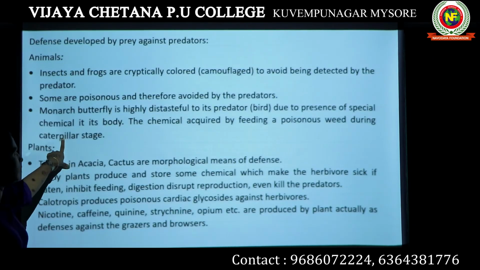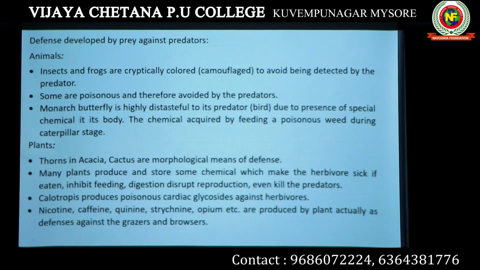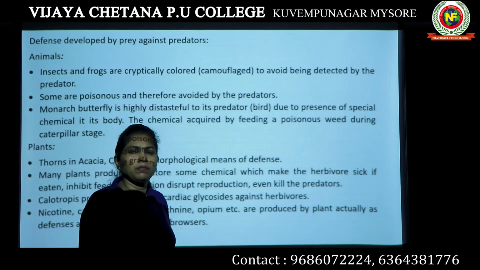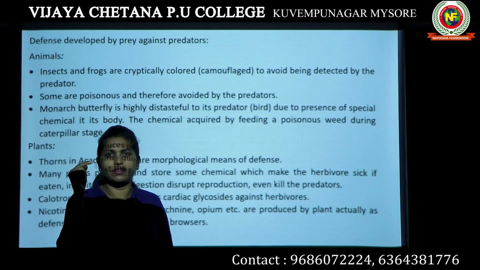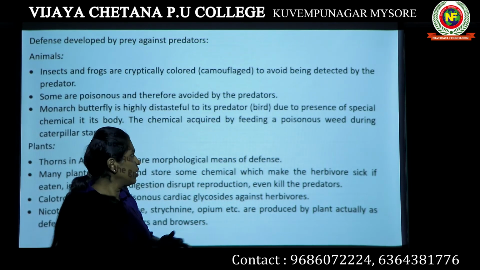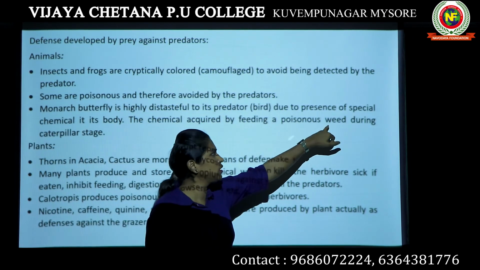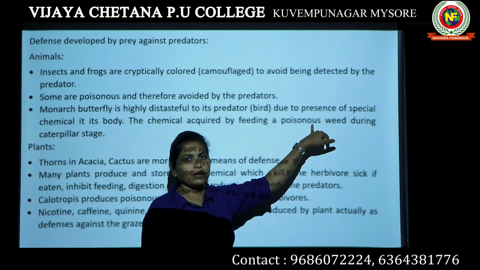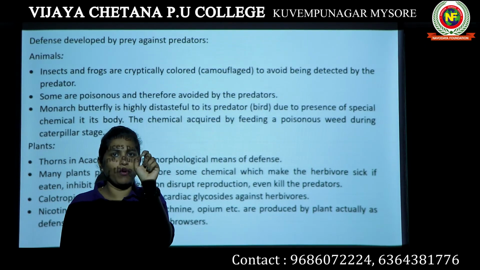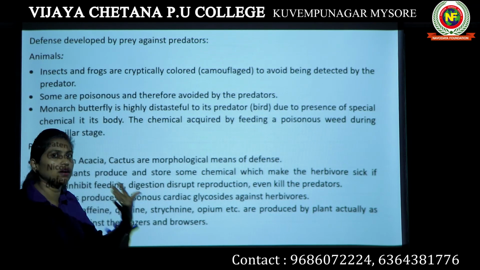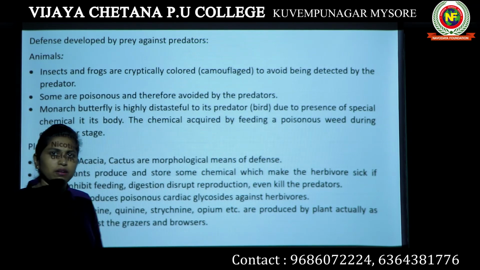At that caterpillar stage, they will feed on a poisonous weed. There is a weed which is poisonous, and they will take that poison from the weed. Then they will develop into an adult butterfly.